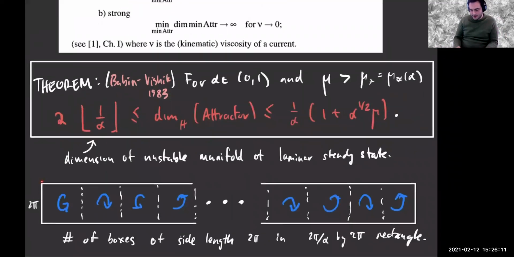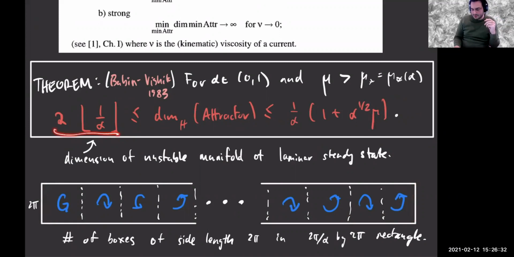The point is actually quite simple. If you have an elongated torus that has side length 2 pi over alpha in x and 2 pi in y, then this number is really the number of square boxes of side length of the short one that you can fit in this rectangle here.